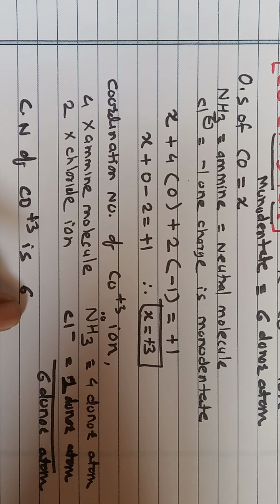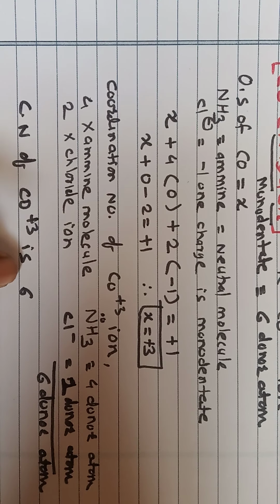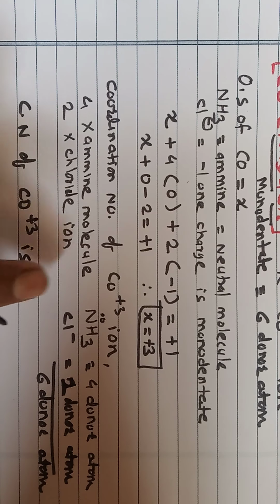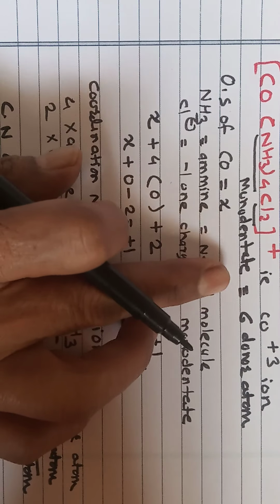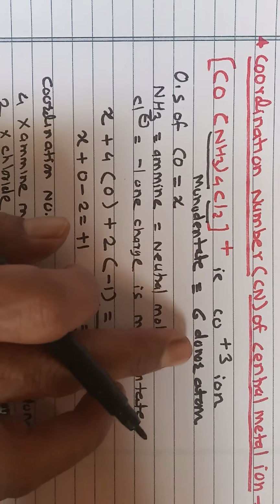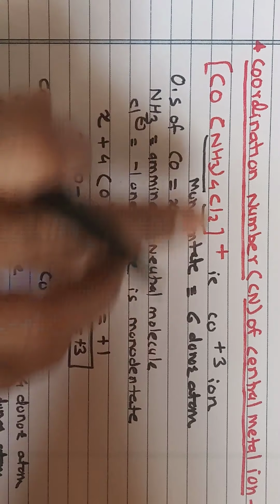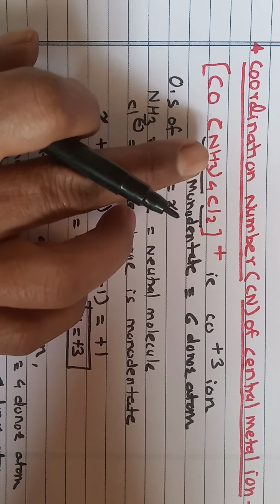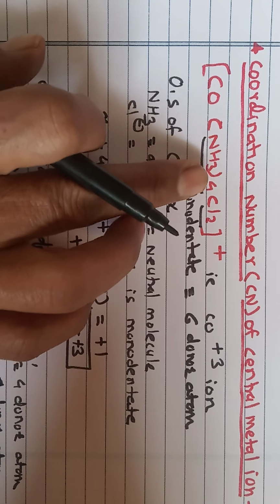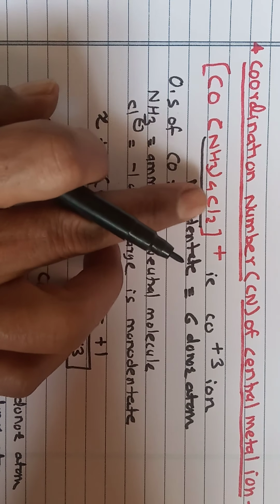So what is the coordination number? The coordination number of the central metal ion in a complex is the number of ligand donor atoms directly attached to it. Here the total number of donor atoms directly attached are 4 nitrogen from amine and 2 chlorine from the chloride ion.